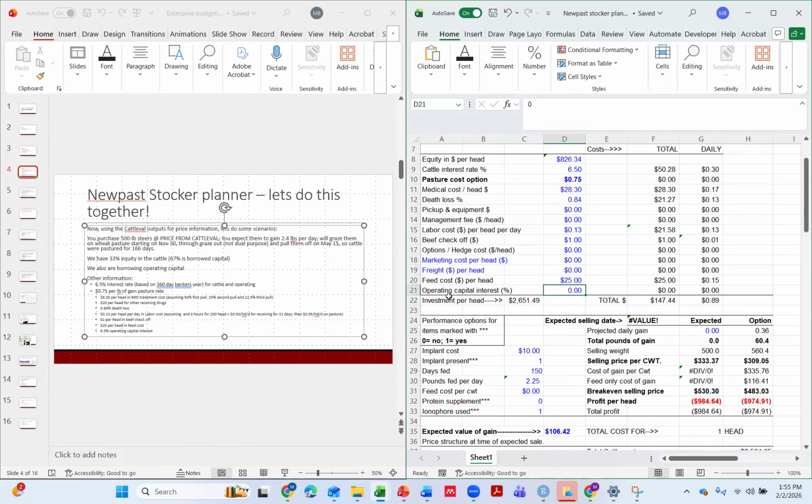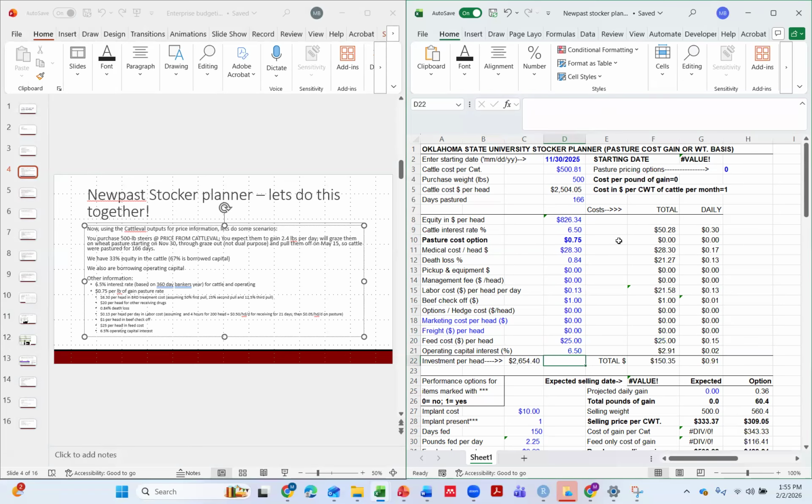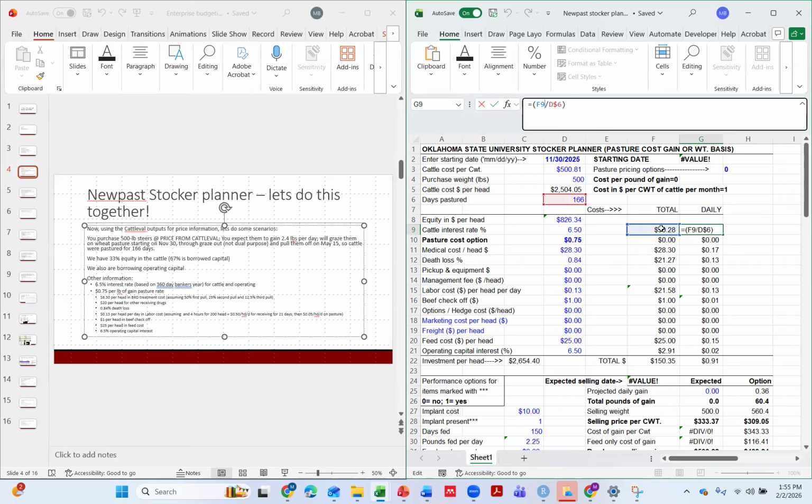For operating capital interest, we said we're going to borrow all of our operating costs at 6.5%. So this spreadsheet now calculates the total dollars on a per head basis here, and then this puts it on a daily basis. This column is this total divided by the days pastured.